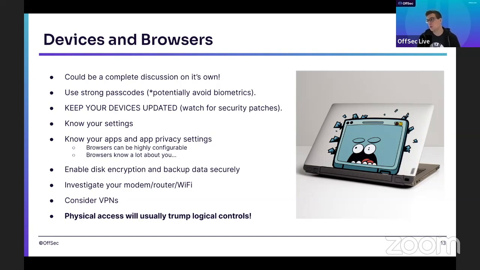And this can go into know your apps and know your app privacy settings. This has to do with devices, mobile applications, and browsers. Browsers specifically can be highly configurable, and they also know a lot about you, whether it's through marketing data or your browser history, passwords, secrets. There's a lot of information that it has that it can share with certain groups, whether it's to help them improve their application or their services, or to have more targeted marketing for you.